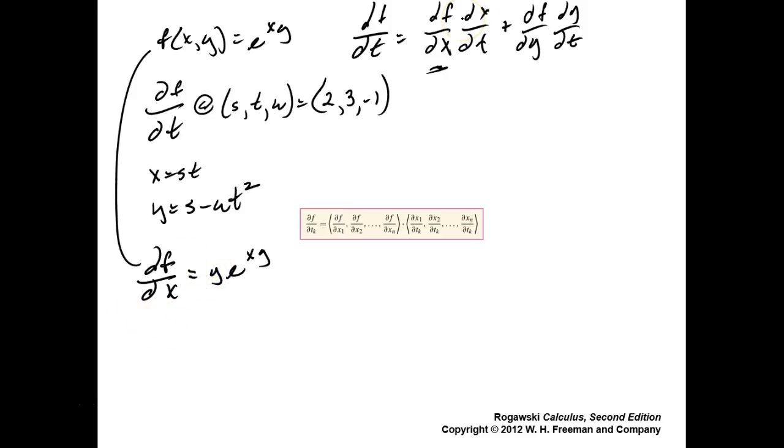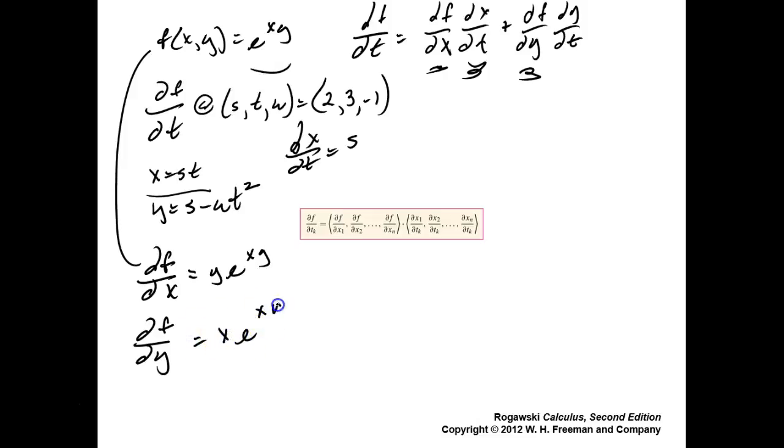And we also will need dx dt. Partial of x with respect to t, from right here, that would be s. Okay. We also need the partial of f with respect to y for this piece. And what would that be? X times e to the xy.